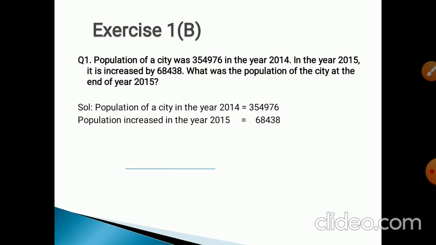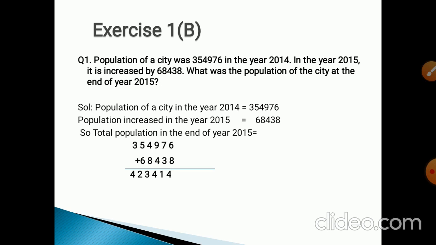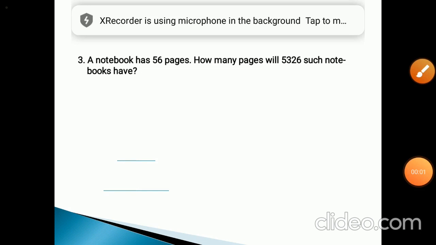So we will add these two numbers, 3,54,976 with 68,438, and our answer will be 4,23,414. So in the year 2015, the total population will be 4,23,414. So here is your next question.